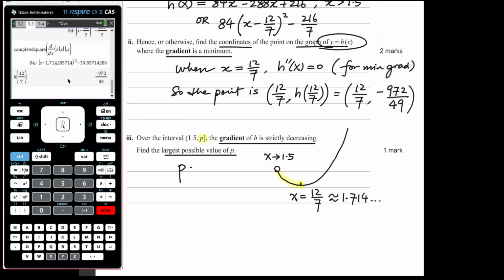The largest p-value is just the turning point value here. So it's 12/7. And by the way, this point on the original graph y equals h of x should be a point of inflection. It's a point of inflection, okay?